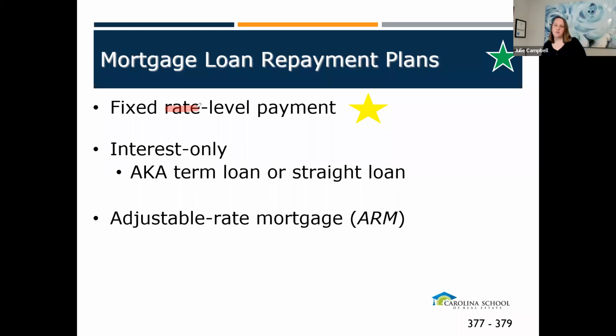Other loan repayment plans that may be available. There's something called an interest only repayment plan, which means the only payments you're making are the interest. And once you pay off that interest, you have the principal, the amount that you borrowed, due at the end, at the last payment.